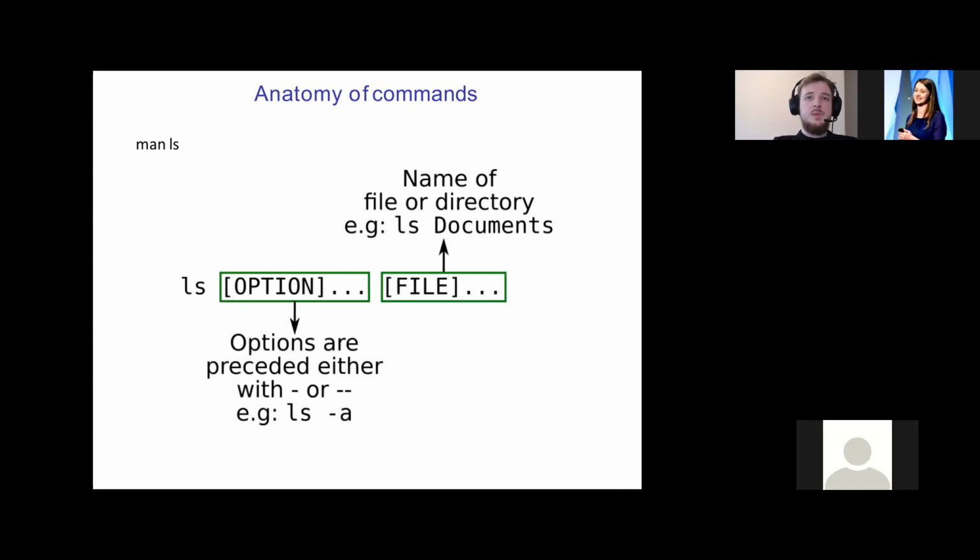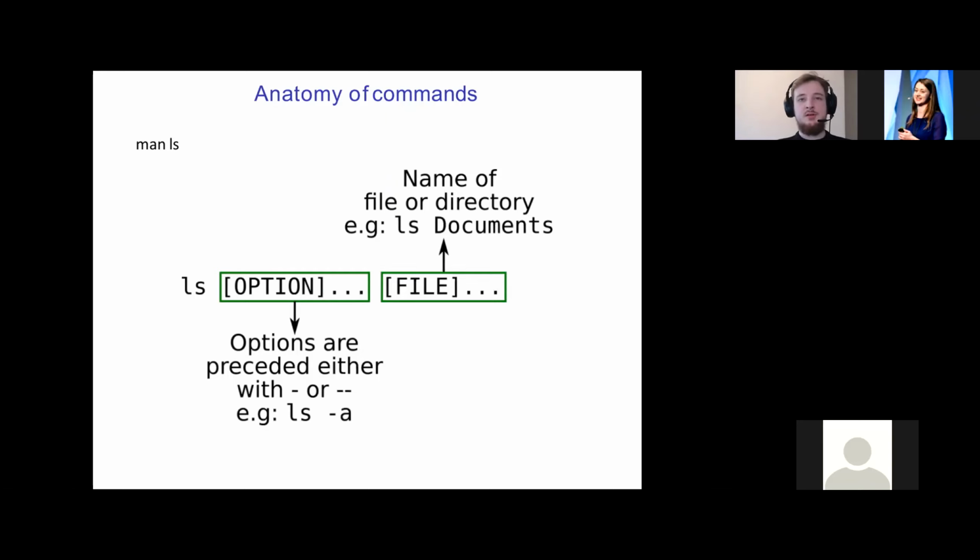So there's the anatomy, basically, of using the commands, if we have some kind of default commands on Linux or through the bash shell. The bash shell is basically a program in Linux that allows us to run and interpret these commands.